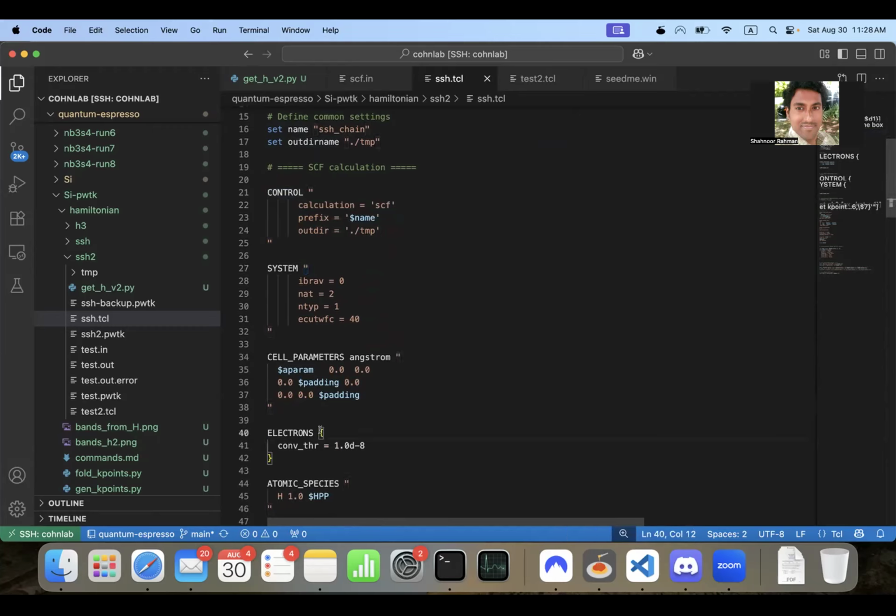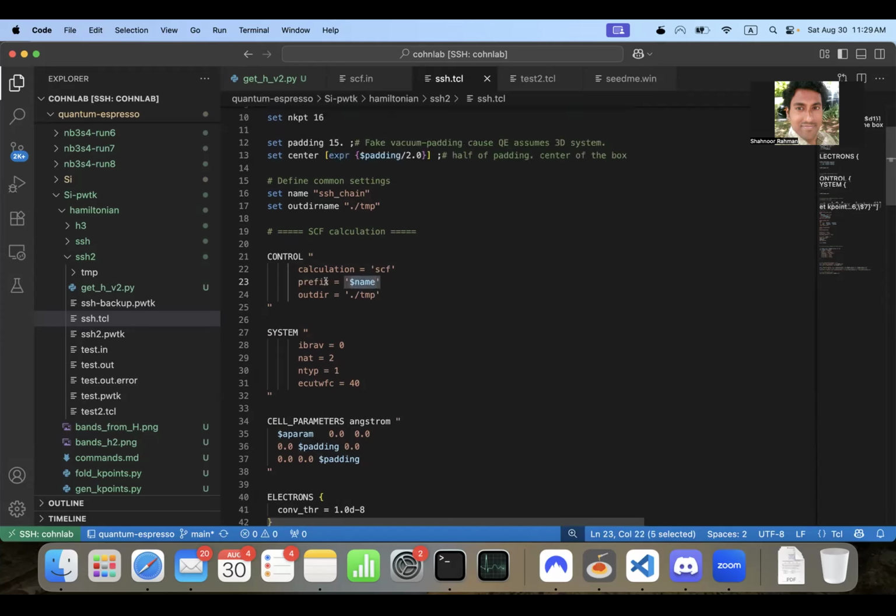If we use curly braces, it's going to create the name list with exact values inside the block. But if you use quotation, you can replace any part of the block with a variable. So this prefix is going to be replaced by the name here.